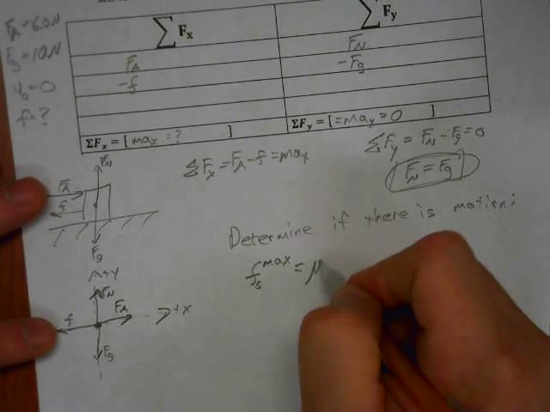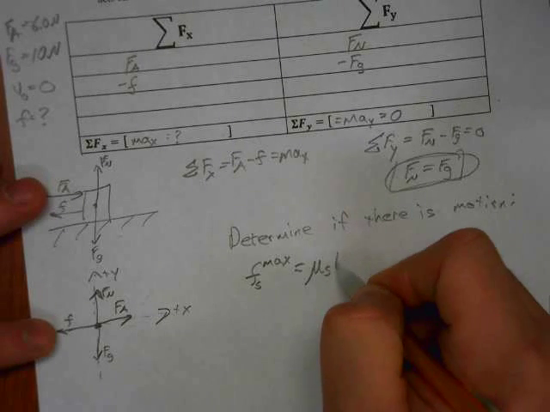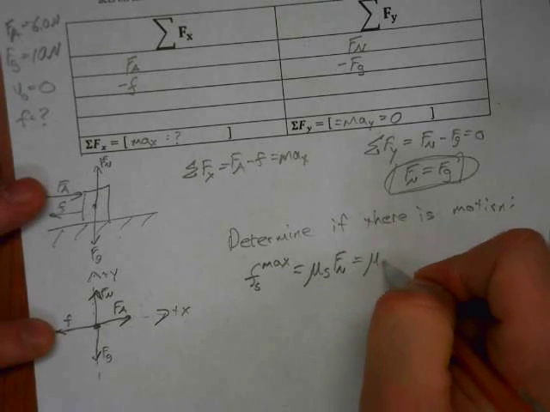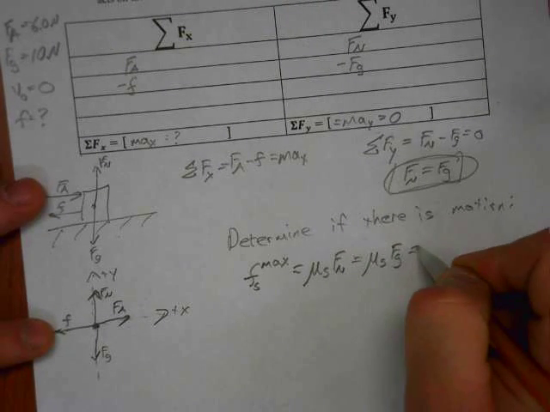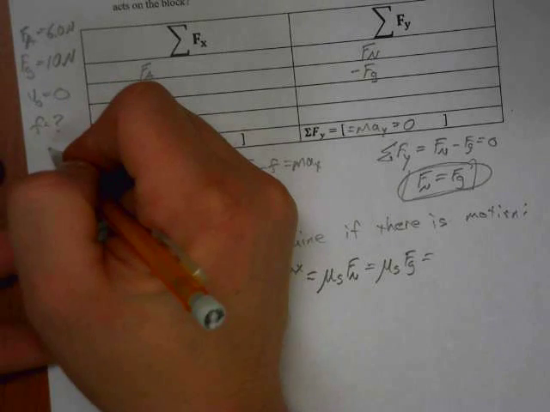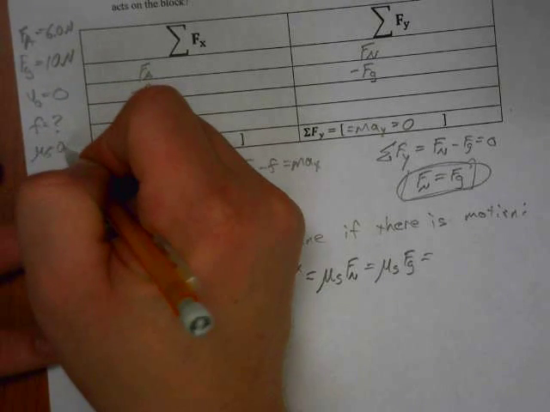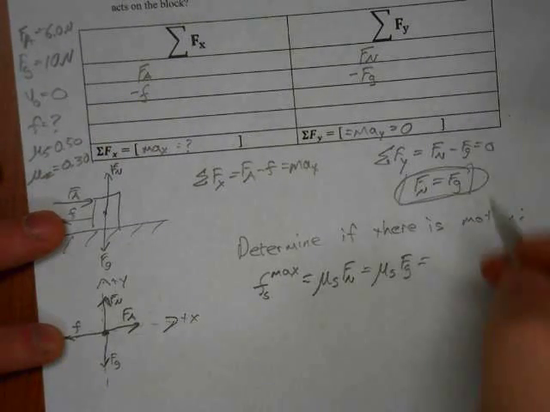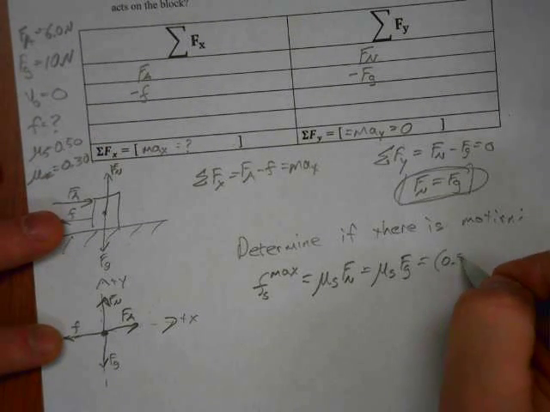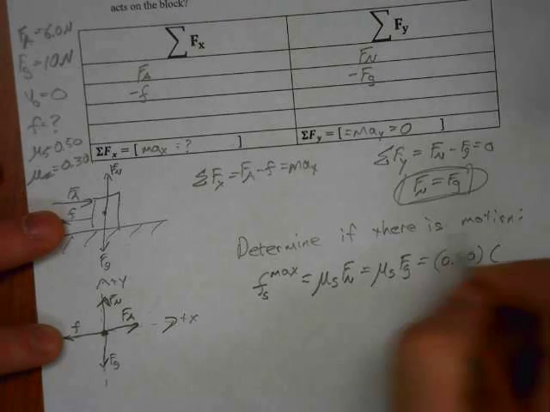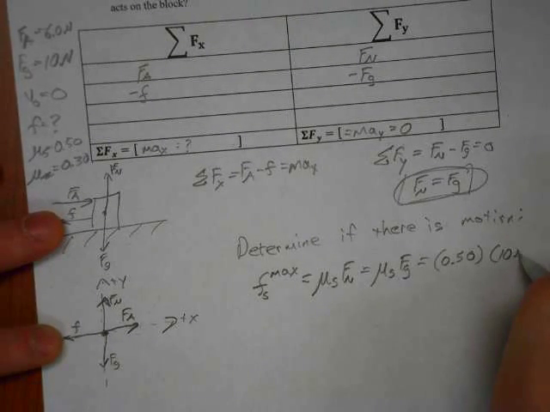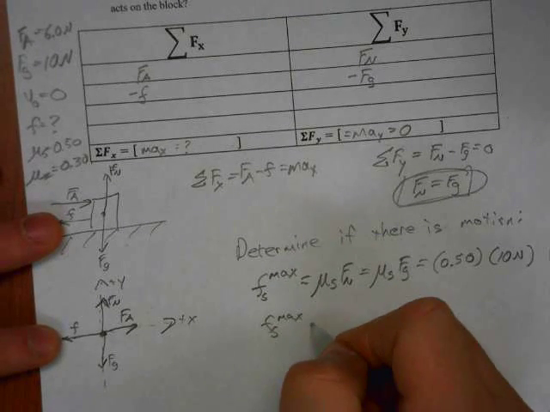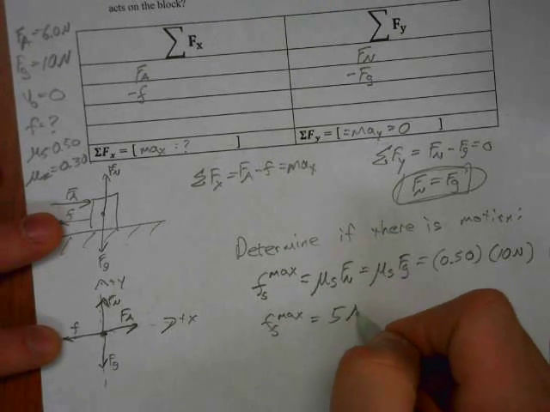If you remember the definition, mu_s times F_N, but now we know F_N equals the force of gravity, so mu_s times F_g equals 0.50 times the force of gravity, which is 10 newtons. So the maximum force of static friction equals 5 newtons, right?